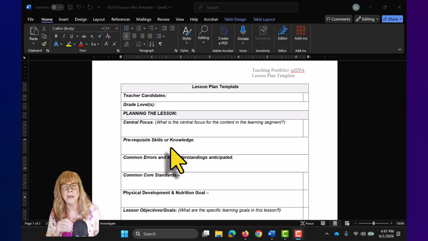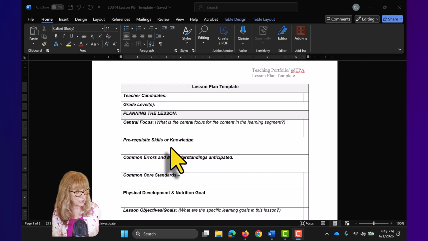For the physical development and nutrition goal, same thing. Each week you're going to be using a different one to integrate with the lesson that you're creating for a content area. For example, goal 19 is to demonstrate physical competency, or actually acquire movement and motor skills and understand concepts necessary to engage in moderate to vigorous physical activity. That's the overarching goal.